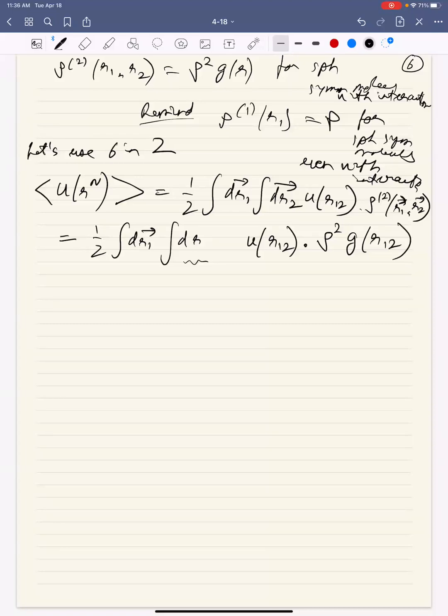G depends only on the distance, so this dR2 that I had can actually be replaced by dr small 12. Does that make sense? I had integration over 2 vectors, but what I'm really doing is fixing the vector for the first coordinate, and then the second thing is only the distance from that. So the first integral is a vector and the second one is just a distance.